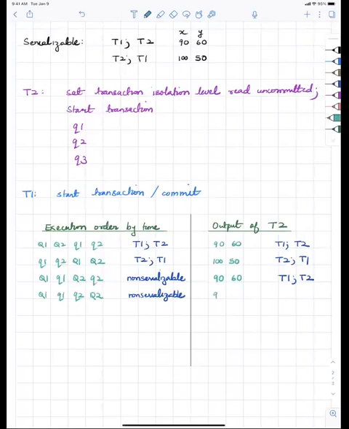Out here, we're going to have 90, and for Q2, we are going to have 50. So this is non-serializable on the output because Q1 has happened, but Q2 has not happened.